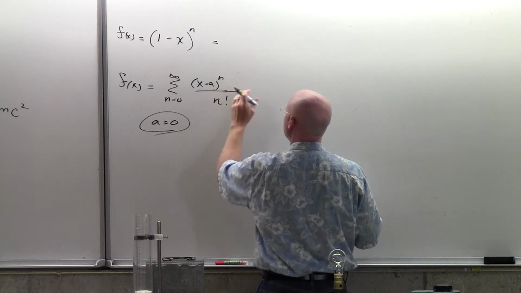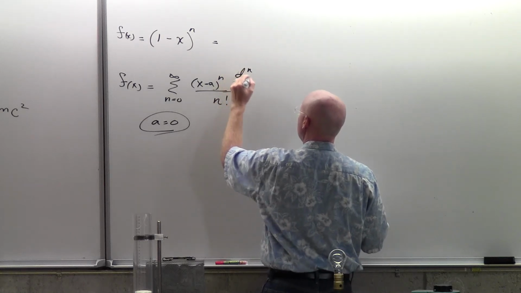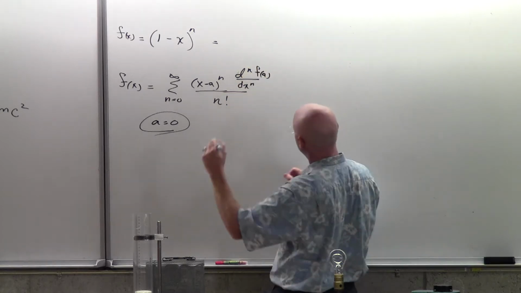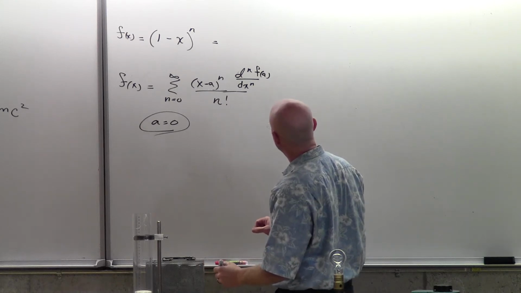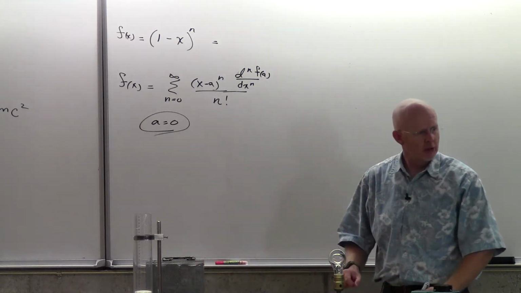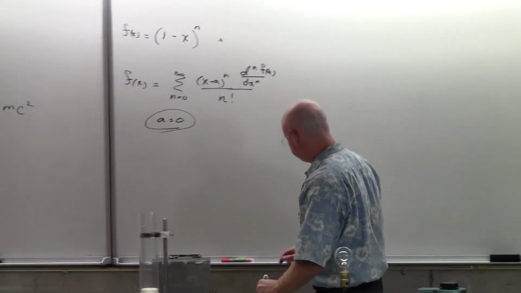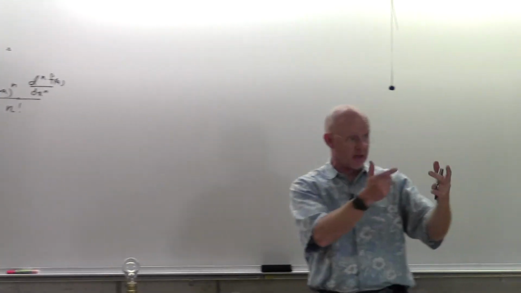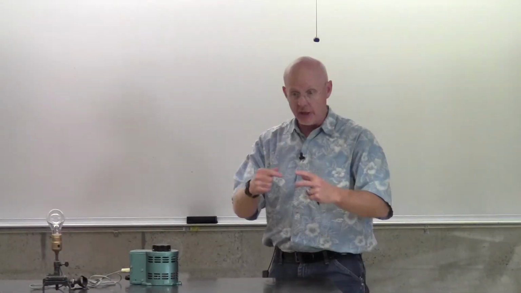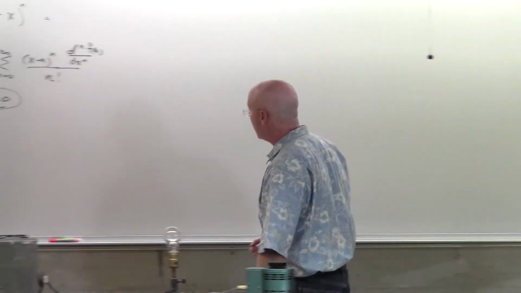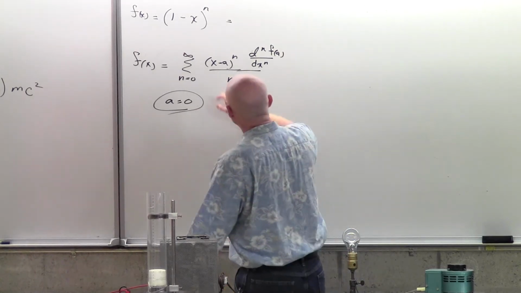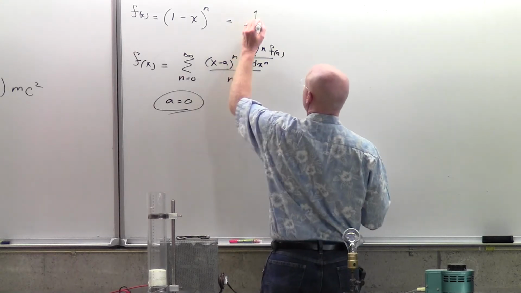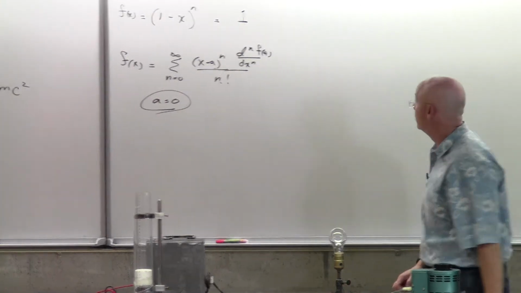I think it's f to the n, or f derivative to the n. But whatever the notation that you're used to, that's what's meant. You take the nth derivative and then you evaluate it at a. So if I do that for the first one, this becomes 1 here, that becomes a 1, and that becomes a 1. So there's my first one.